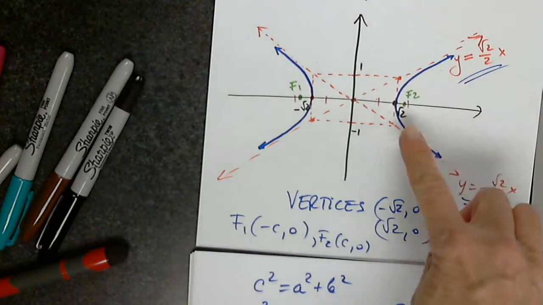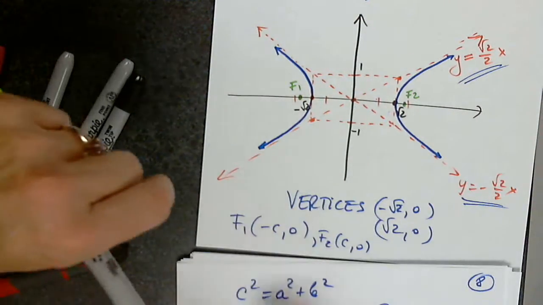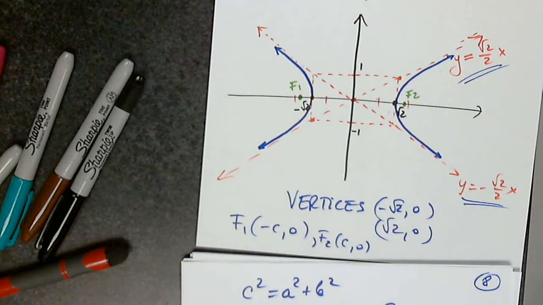Any point on the hyperbola will have the difference of the distances, the further away minus the closer focus, constant for every point on the hyperbola.